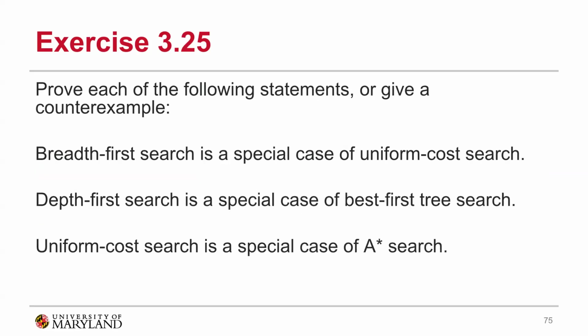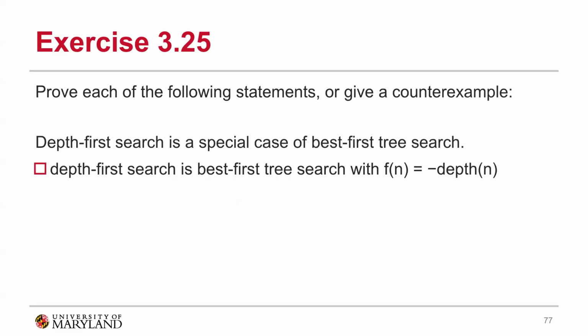Do you guys have any guess why depth first search is a special case of best first tree search? Okay, so depth first search can be seen as a special case of best first tree search by choosing the right scoring function.